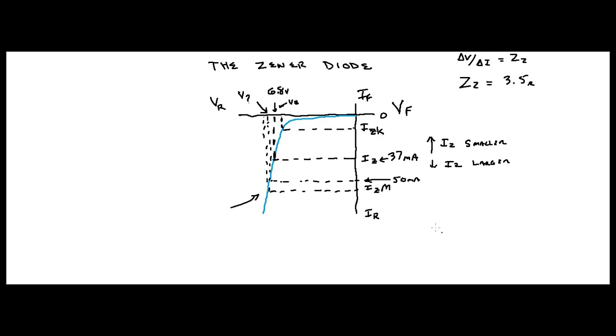So the first thing is, let's find out what delta I is. Delta I is the difference between this current and this current.